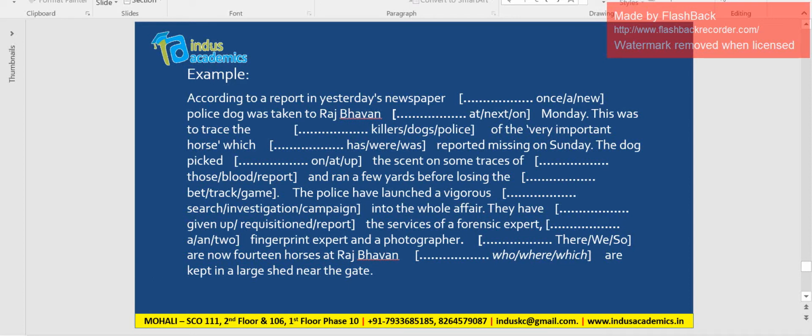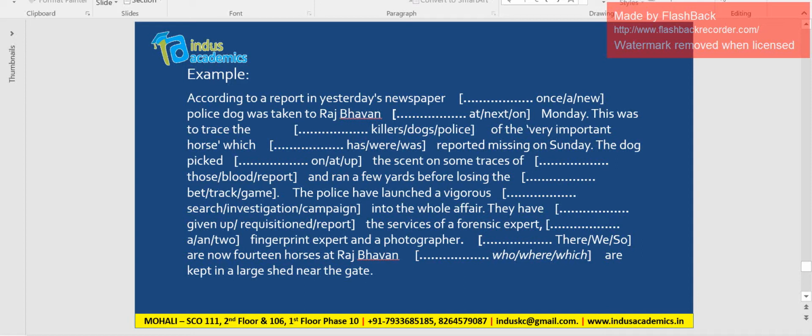According to a report in yesterday's newspaper, blank, police dog was taken to Raj Bhavan, blank, Monday. This was to trace the blank of the very important horse which, blank, reported missing on Sunday. The dog picked, blank, the scent on some traces of blank and ran a few yards before losing the blank.